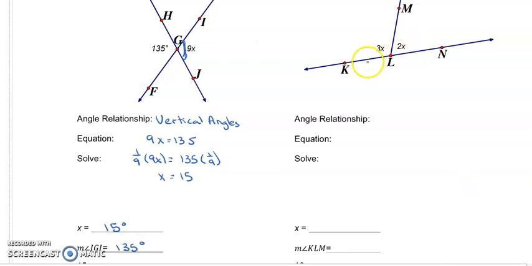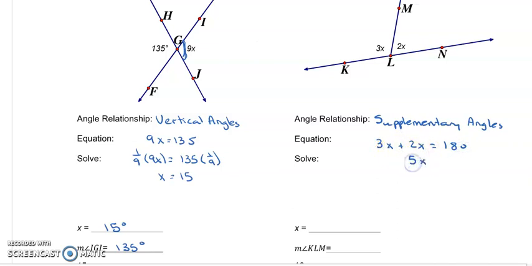All right, let's look at this next one. I see this lovely straight angle, so that lets me know that these two are supplementary angles. So my equation would be 3x plus 2x equals 180. To do some solving, I'm going to combine my like terms. 5x is 180.